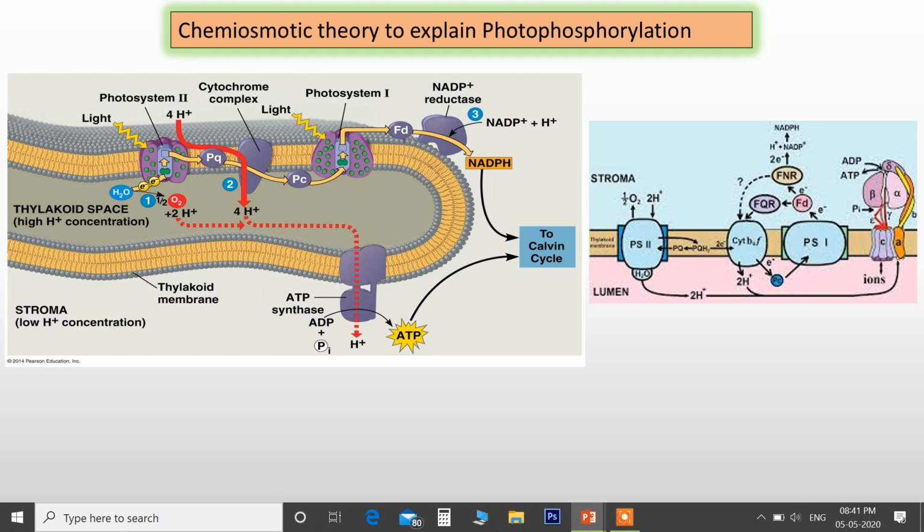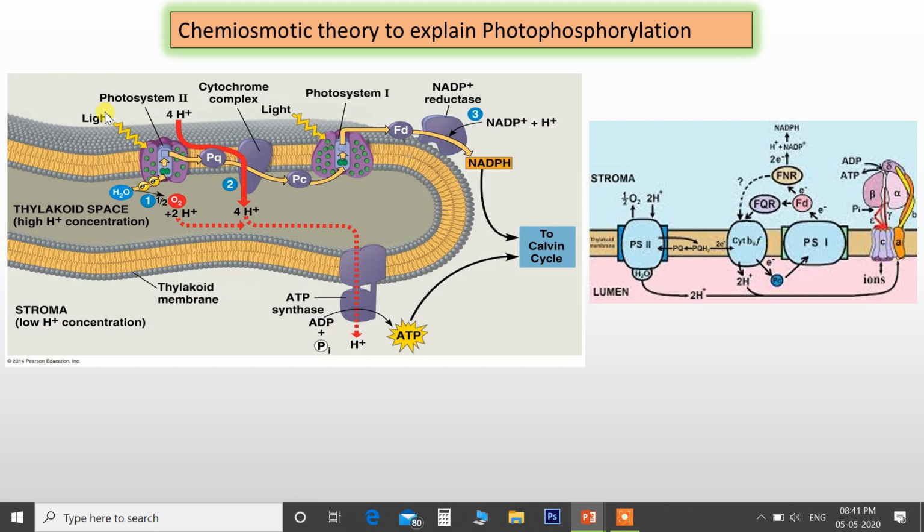This results in accumulation of H plus in the thylakoid lumen, which results in the creation of a proton gradient across the membrane.